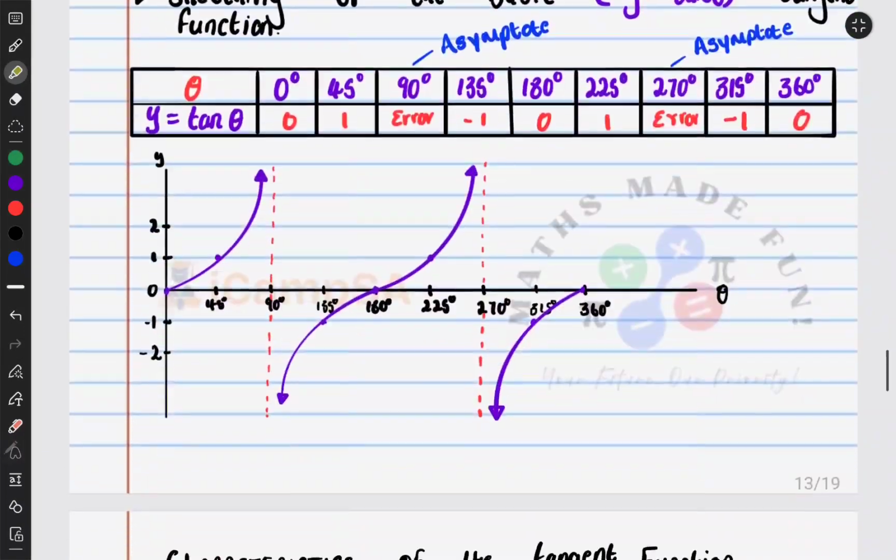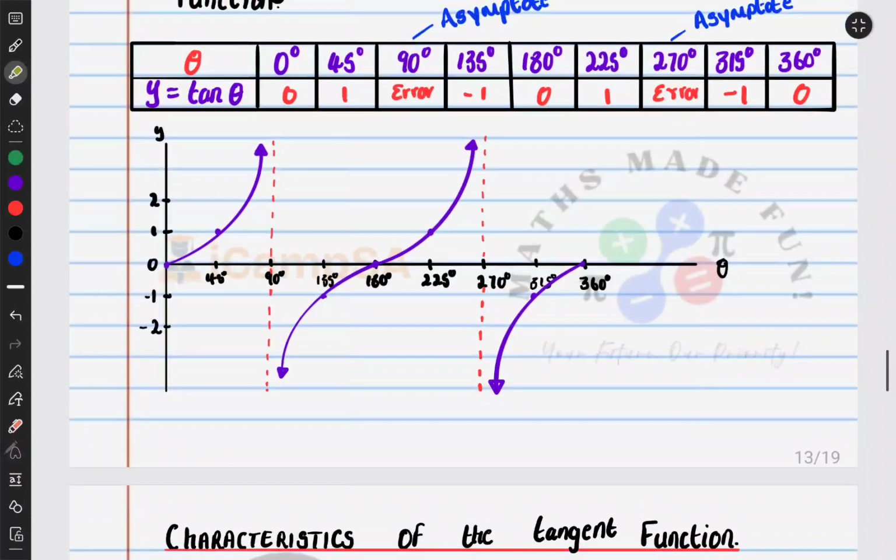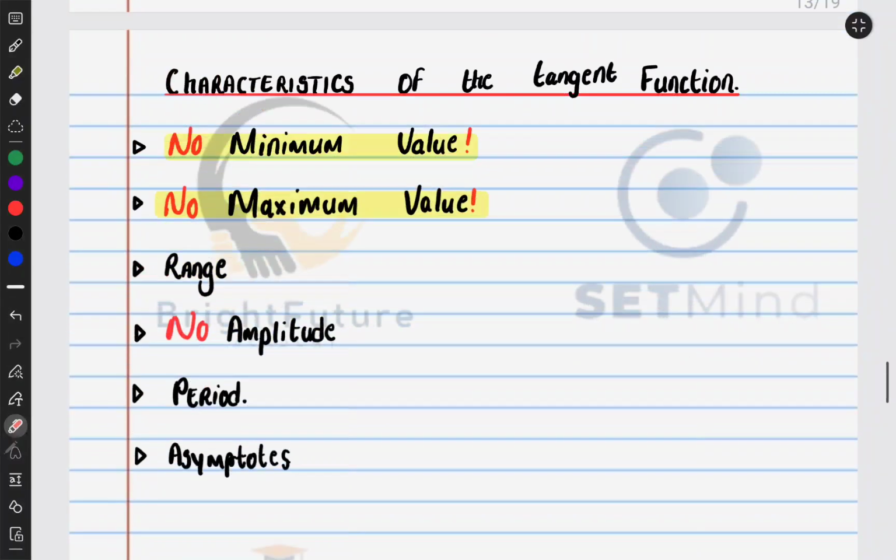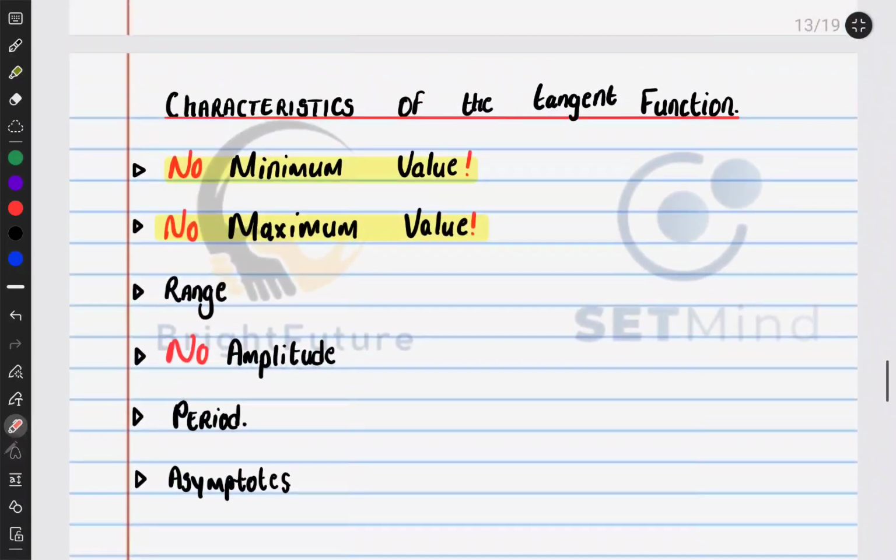As you can see here, even though the function approaches the asymptote, it is still going up, as you can see with the arrows facing up, that the function would continuously go up, and at the same time on this side it would continuously go down. So the function has no minimum value and no maximum value.